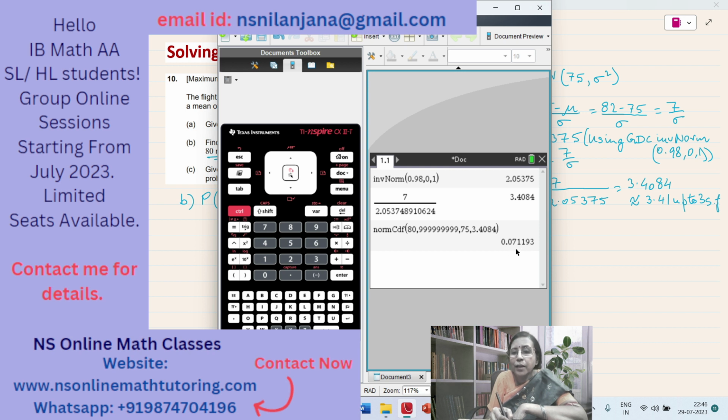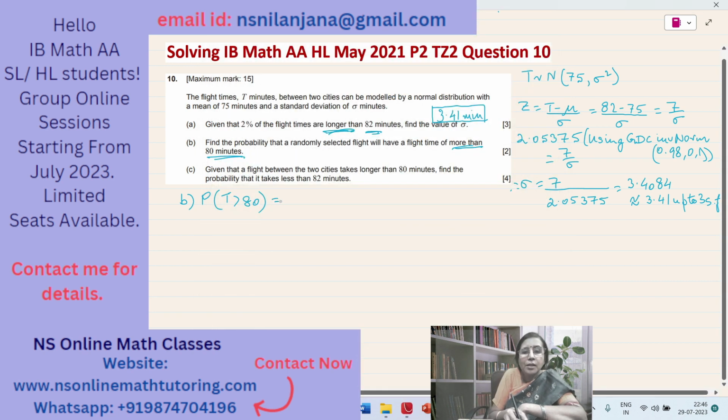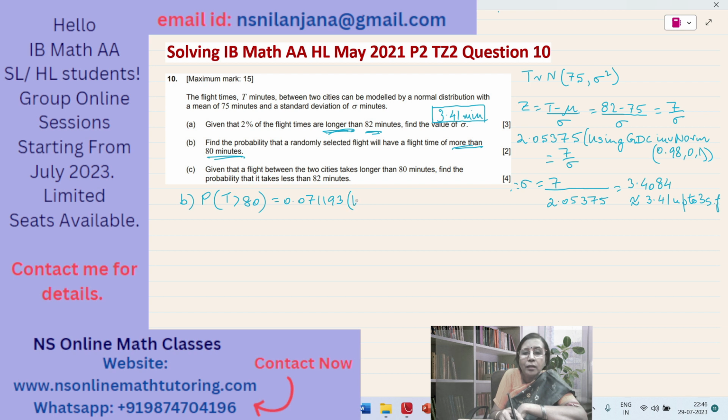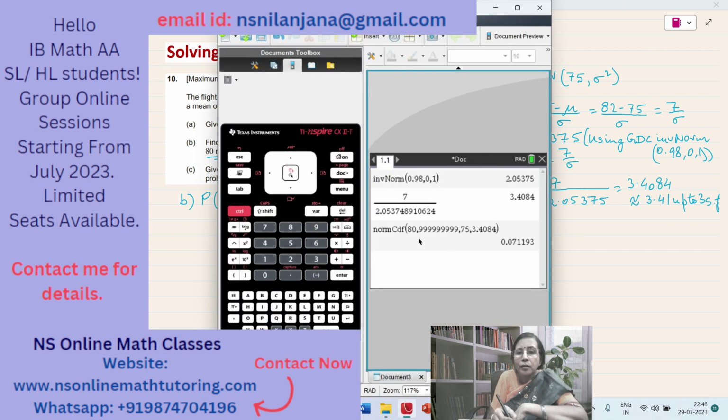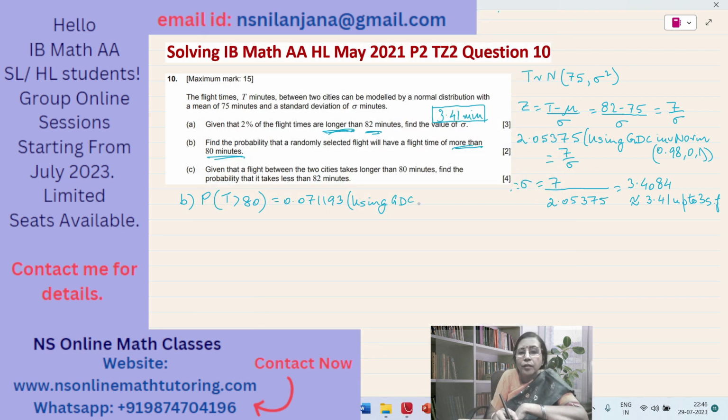So this is 0.071193 using GDC. I write norm CDF of 80, then a set of nines, with mean 75 and standard deviation 3.4084.